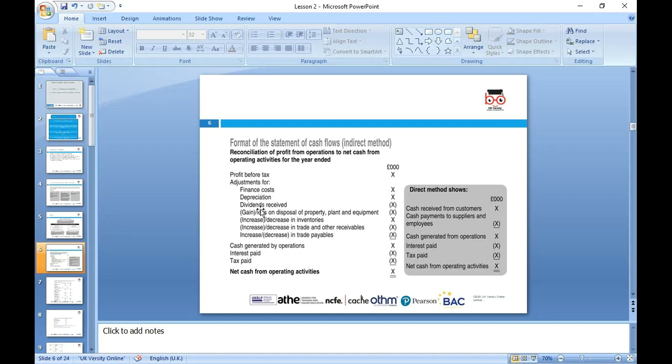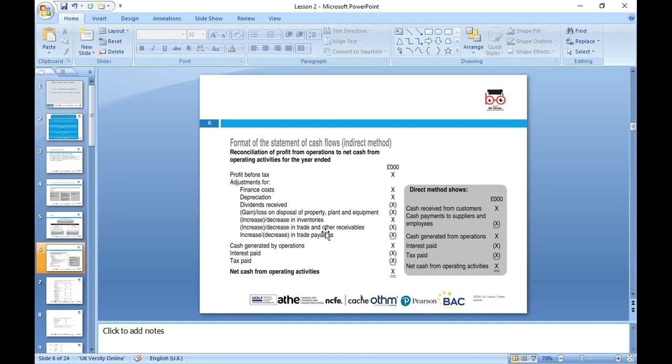Depreciation is a non-cash expense. Dividend received is deducted, because dividend received is not an operating activity, it is investing. If you invest money in shares, you will receive dividend. If you have a gain on disposal of non-current asset, it's not our normal operating activity, it is investing activity. So that's why we deduct it, whereas a loss you add.